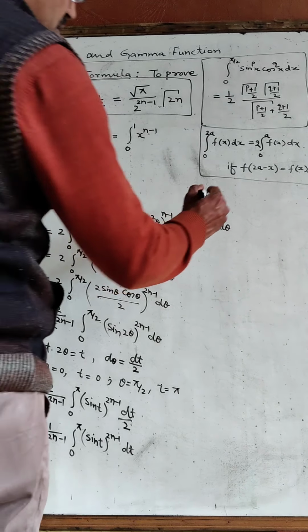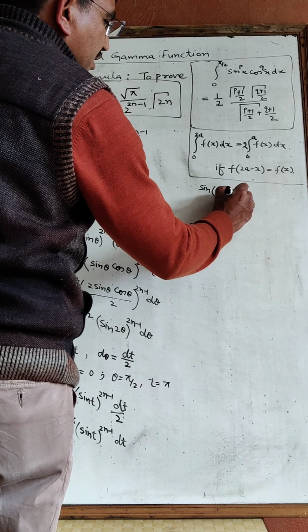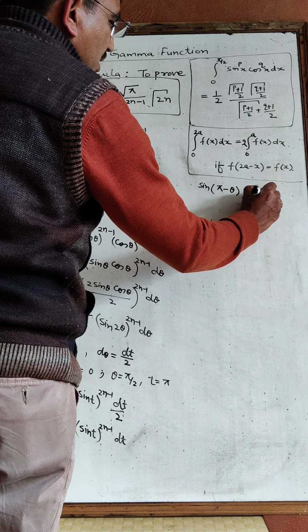Now we know that sine of pi minus theta is equal to sine of theta.